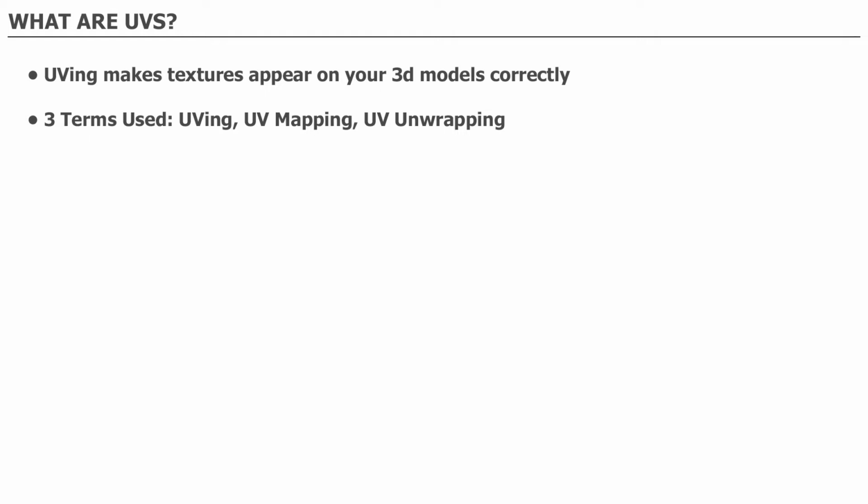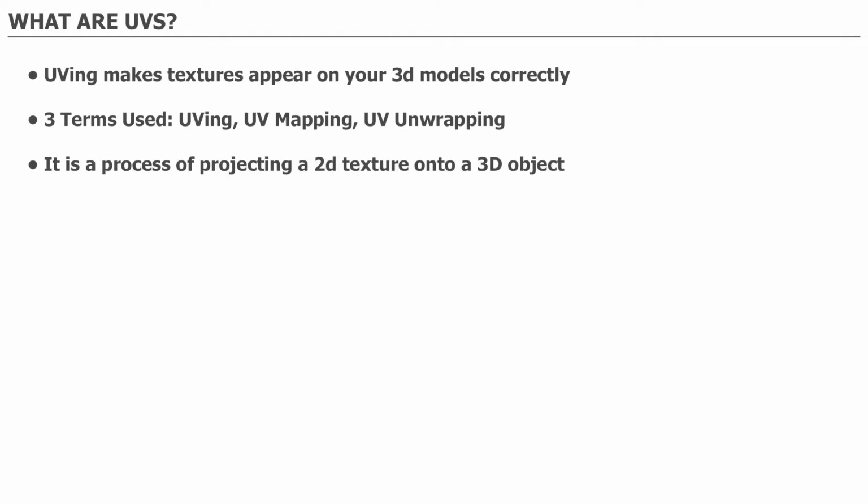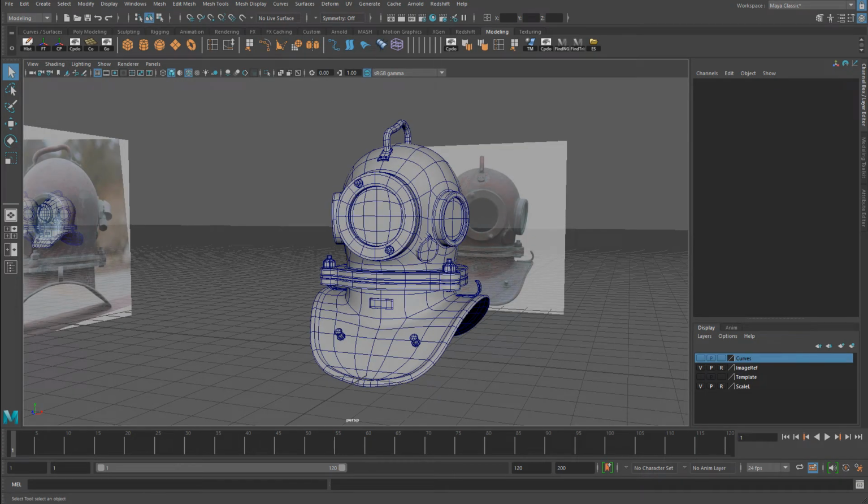And instead of going into terminology and theory and telling you what each of these definitions are, I'm going to simplify them into this: it is a process of projecting a 2D texture onto a 3D object. And UVs are texture coordinates of the object. And UV usually translates to X and Y in world space. So basically it is making sure that your object will display whatever texture you apply on that mesh correctly.